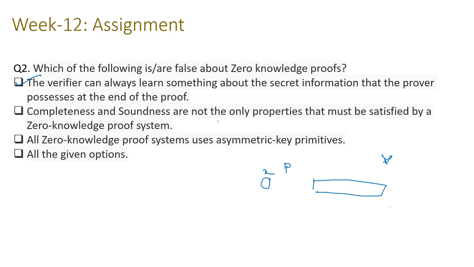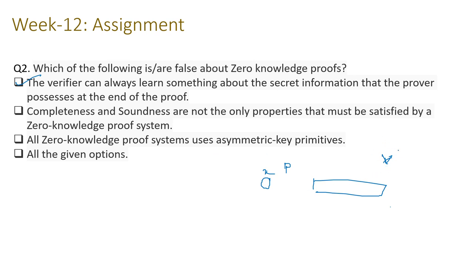Next statement: completeness and soundness are not the only properties that must be satisfied by a zero knowledge proof system. There are three properties satisfied by a zero knowledge proof system. One is completeness. Completeness says that if the prover indeed has access to information X, then the proof should always convince the verifier that P indeed has access.